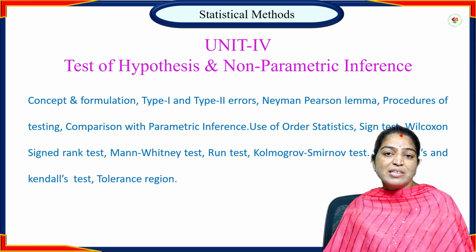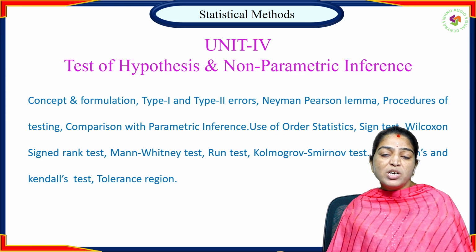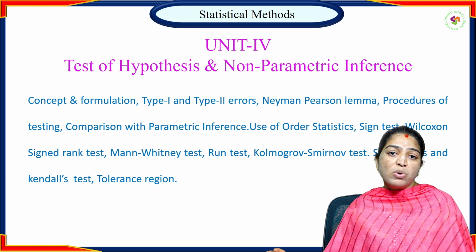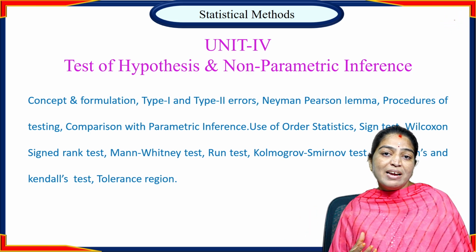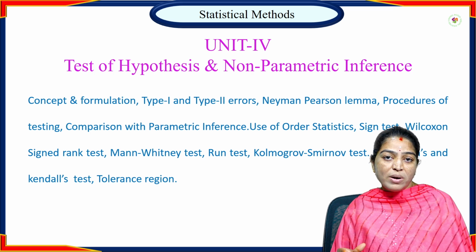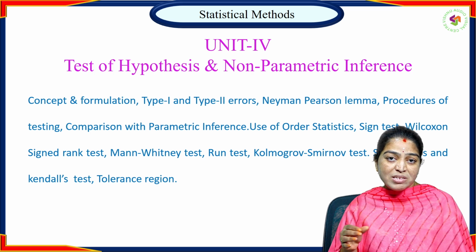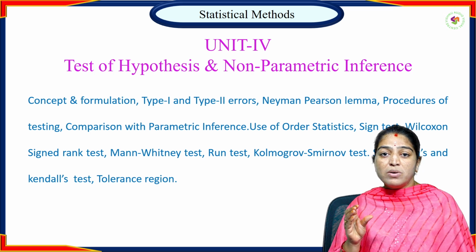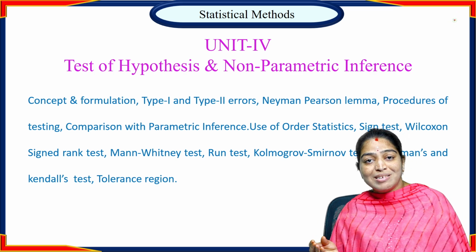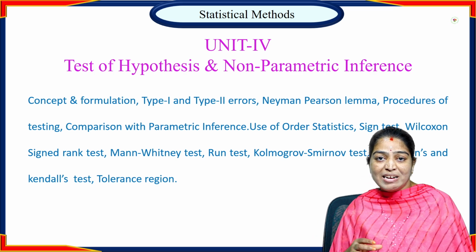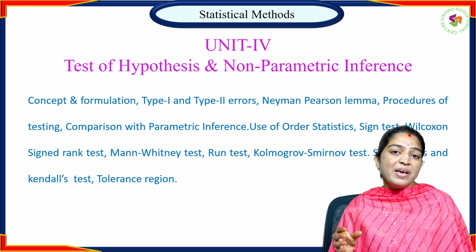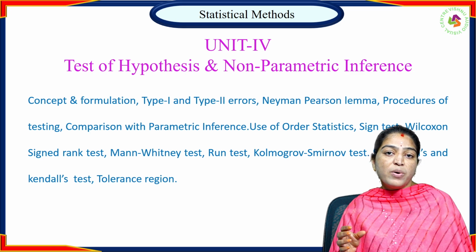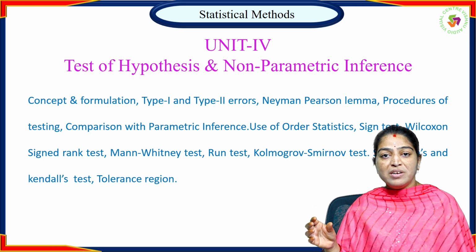Parametric test means whatever constant value we calculate related to the population is called a parameter. In the same way, whatever constant value is related to the sample is called a statistic. Through that statistic, we apply some estimation methods and measure that parameter value.